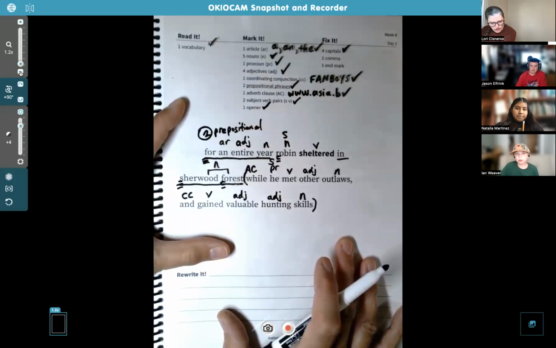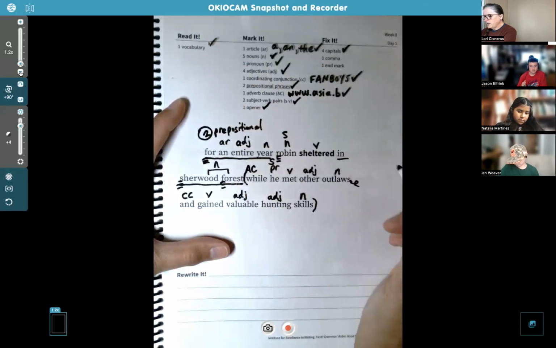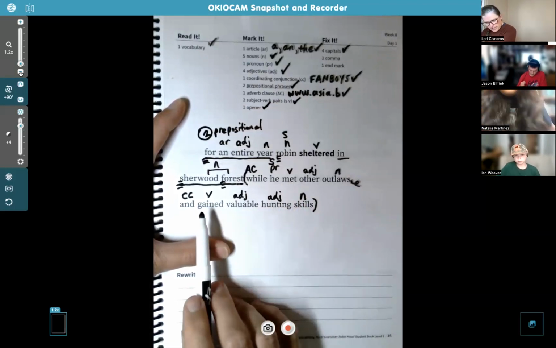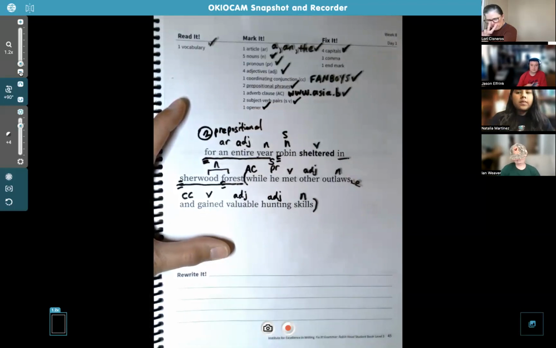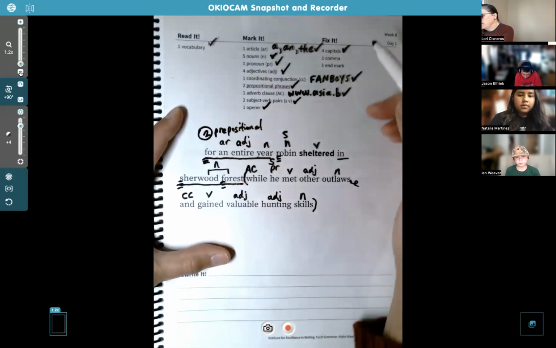Put one in or take one out? Take one out. Which one? Outlaws. Very good, Ian. Because we're only listing 2 things. We talked about that earlier. He met and he gained. So because he's doing only 2 things, we do not need a comma there. If he did 3 things, then yes, we would need a comma.